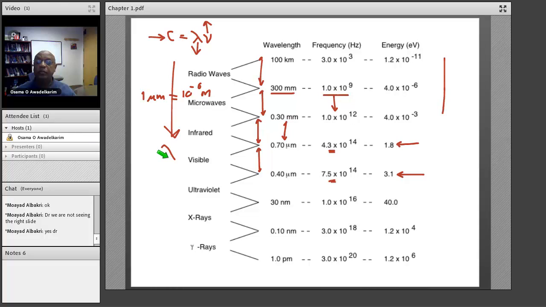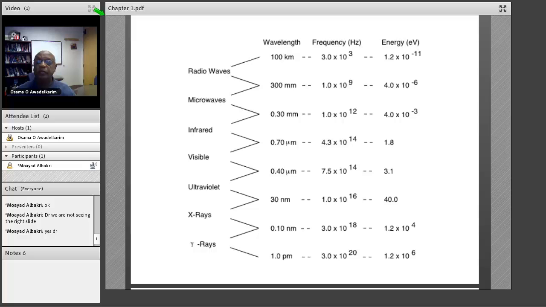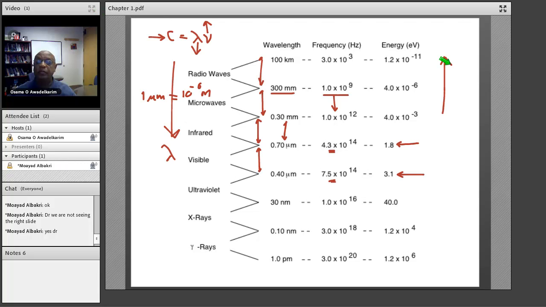And look at the frequencies, 4.3 times 10 to 14 to 7.5 times 10 to 14 hertz. So as we go down, lambda decreases, but the energy of the photon increases. Look, the energy goes up to 3.1 as we go to visible light.